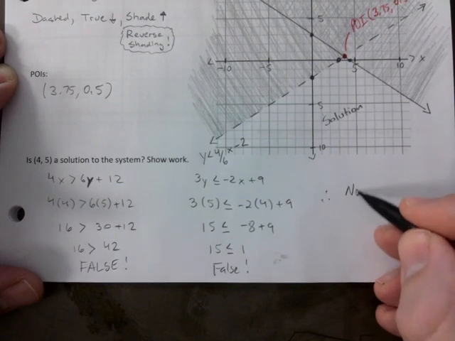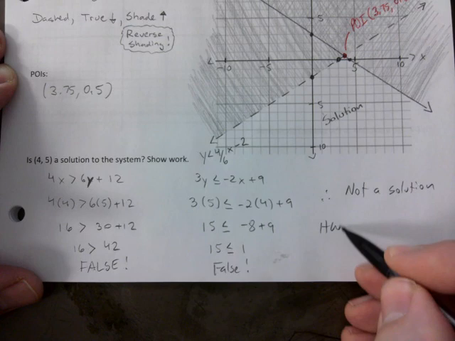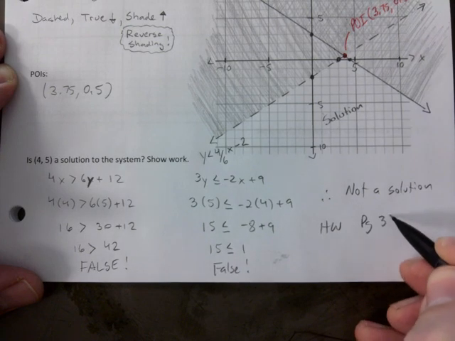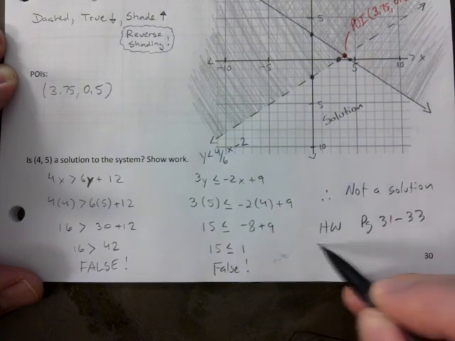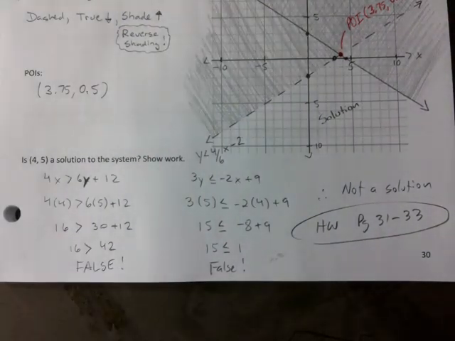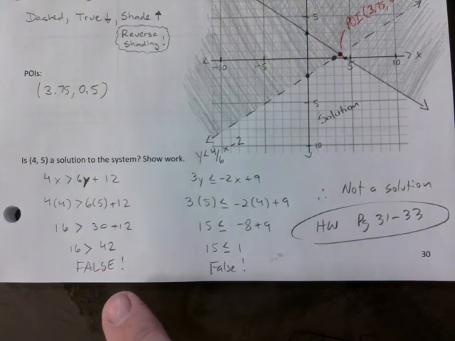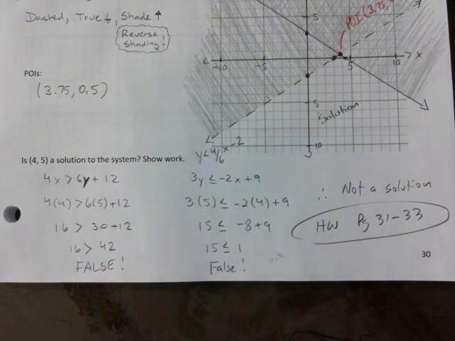Therefore, not a solution. I'm going to re-emphasize that tomorrow. But honestly, you could have stopped after the first false. You're done. Because for this to be a solution to the system, it has to be true for both of them. If there had been 3 inequalities, it has to be true for all 3 of them.